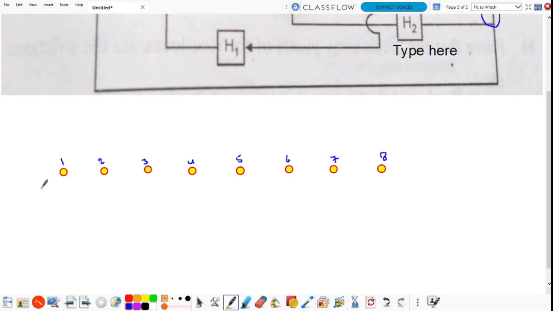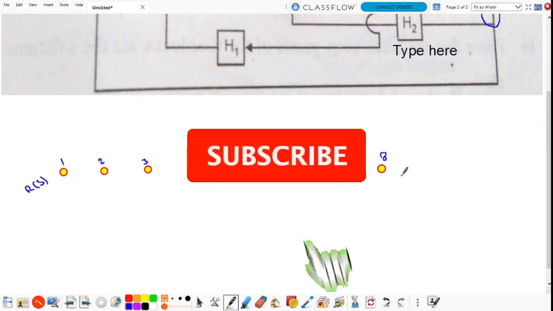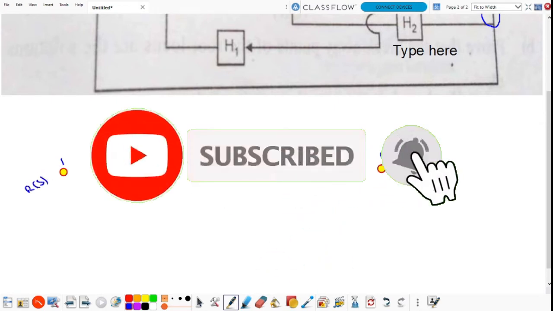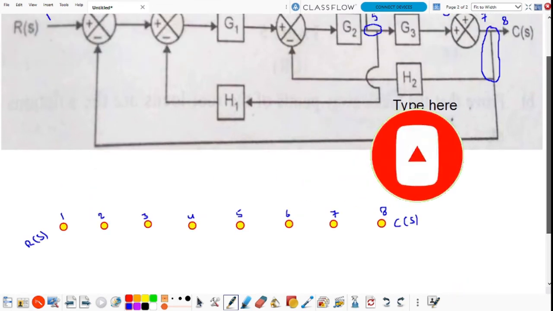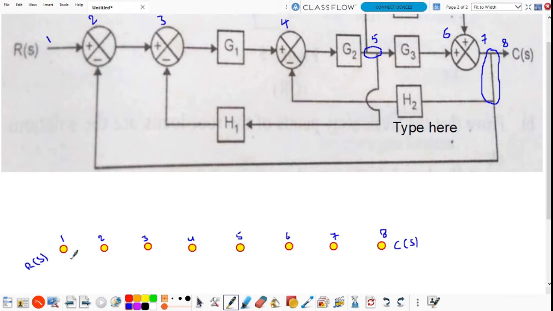And this is input R of S, and this is output C of S. So from this block diagram representation, from node 1 to node 2, this is the system block. This system block is represented as a branch gain.